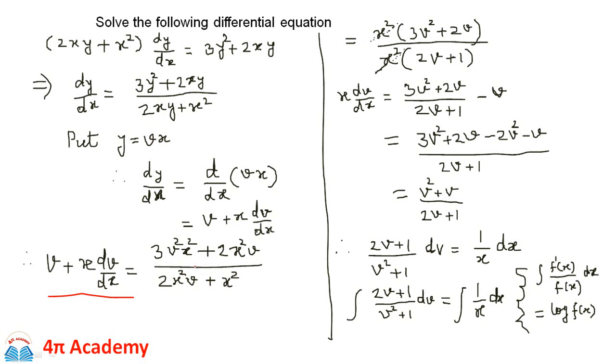So now we can take x square common, so we can write x square into bracket 3v square plus 2v divided by x square into bracket 2v plus 1. So we can cancel out this x square.